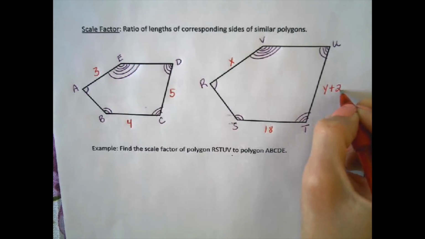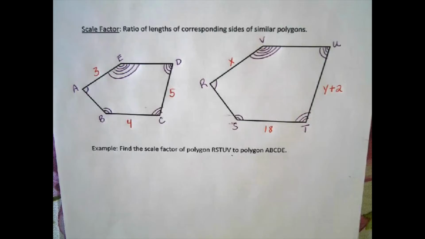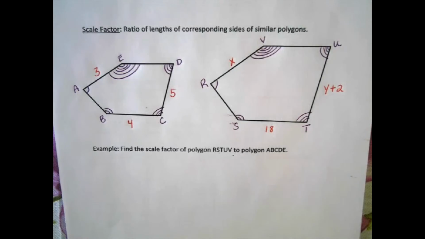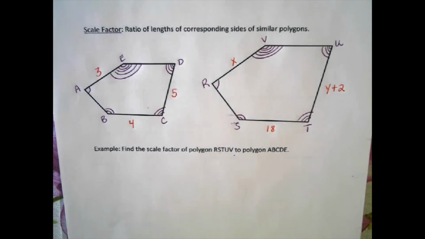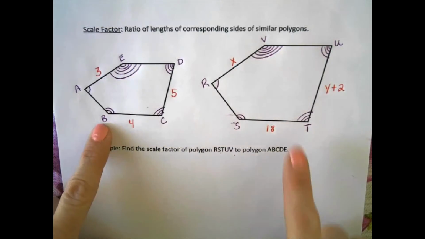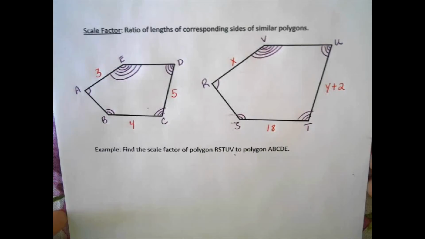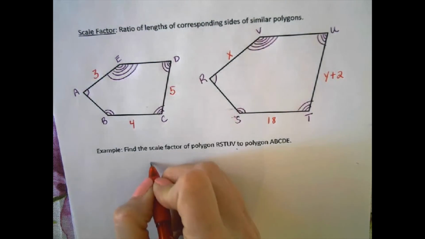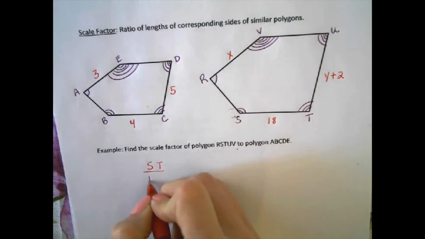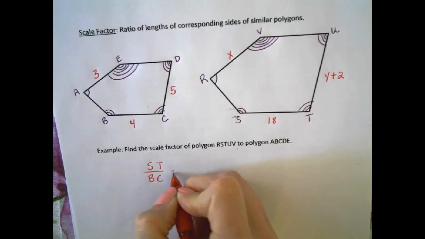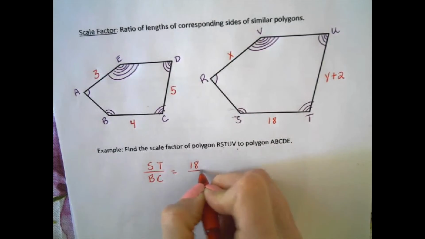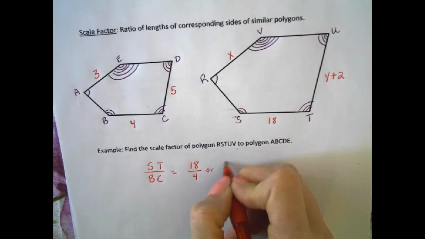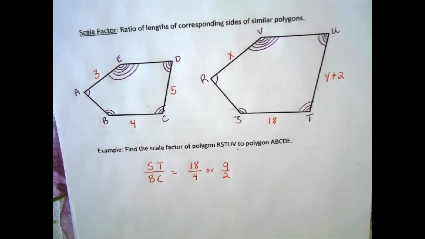If I wanted to find the scale factor of the polygons, I will use the two sides that I know, which are BC and ST, and I would set up a proportion such that I have side ST to BC, which is 18 to 4, or 9 to 2 when simplified.